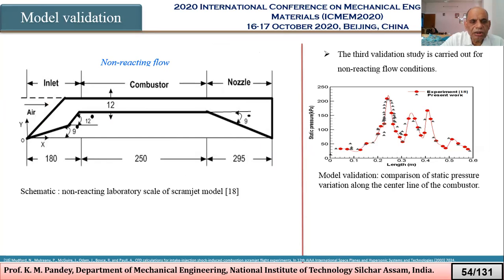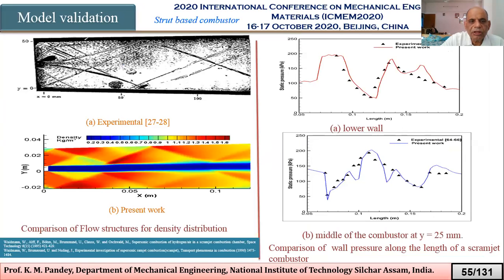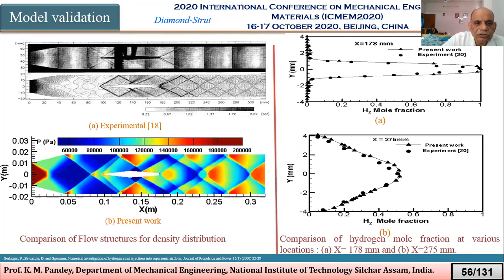So this is a non-reacting laboratory scale scramjet model. The experimental work is given in references 27 and 28, and we have compared with this and present work. In the comparison of flow structure for density distribution, we see that these two figures resemble very closely. And here also the experimental work is discussed in reference 18, and in the comparison of flow structure for density distribution, we see very close similarity here.